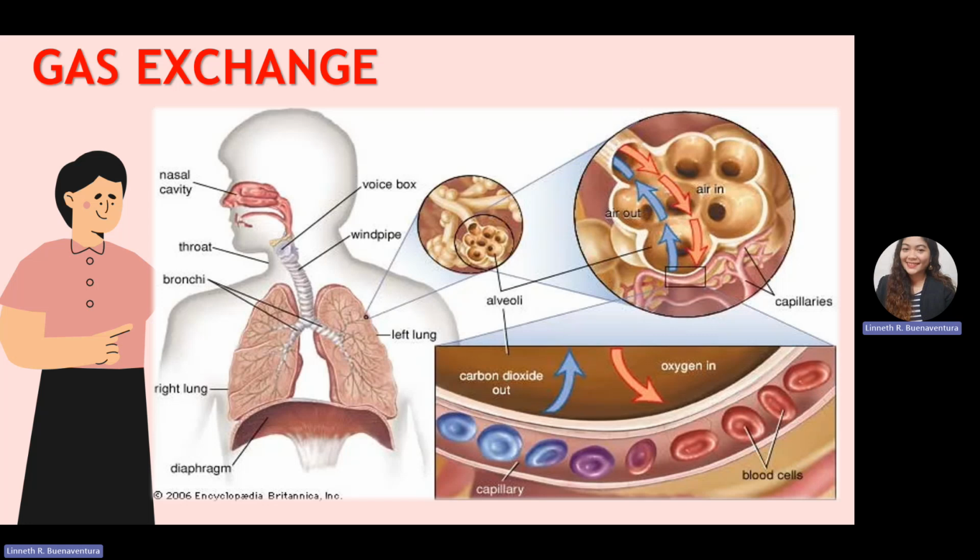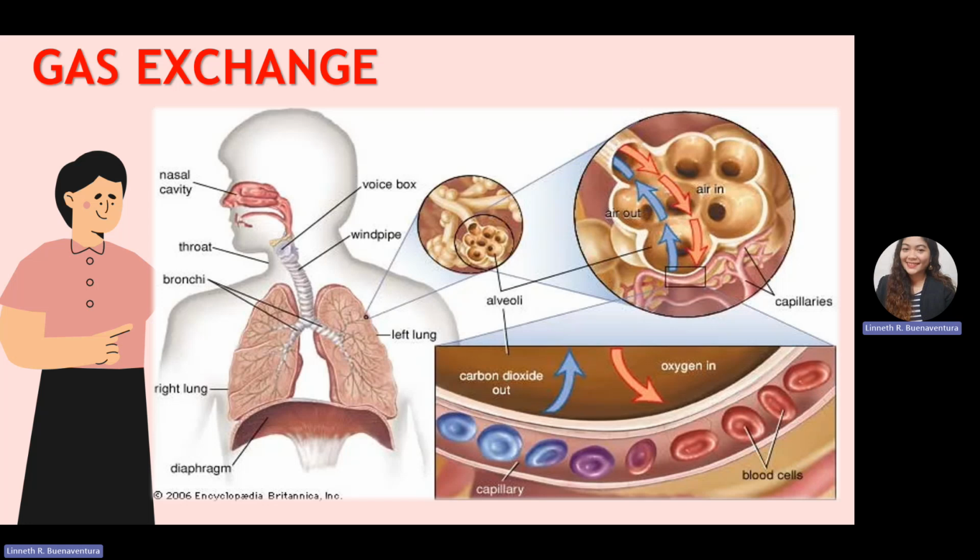We have also the diaphragm, a muscle that contracts and relaxes the lungs. It facilitates the breathing of our human body. Those are the organs that are responsible for the gas exchange.